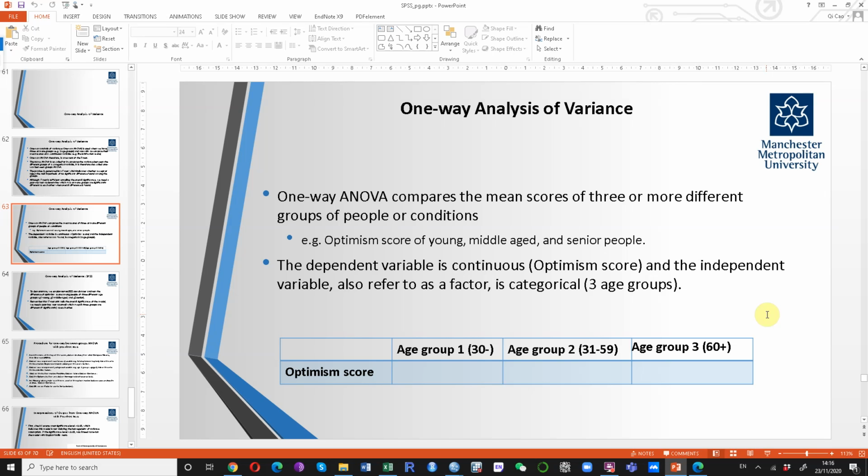So we still need to examine the dependent variable's distribution. If it's non-parametric, instead of one-way ANOVA we need to use the Kruskal-Wallis test. We'll examine the optimism scores distribution as well. And you could actually work with the Kruskal-Wallis test in SPSS as well.